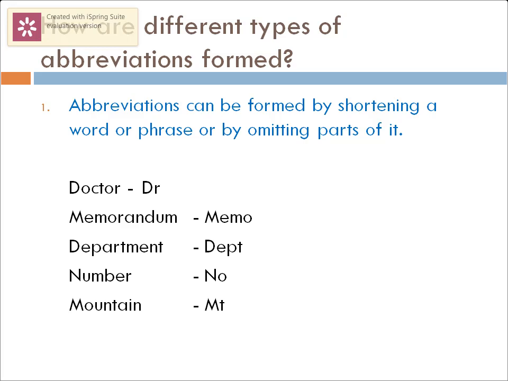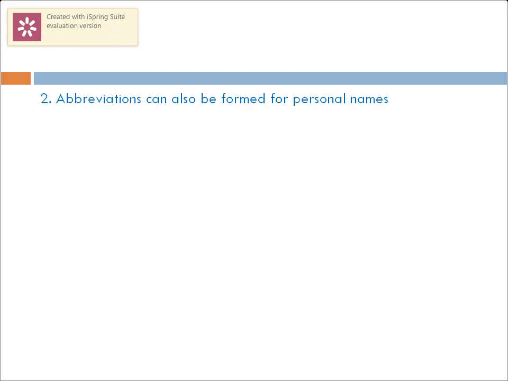Memorandum, the abbreviated form is memo. Here some syllables of the word are omitted. Similarly, department can be written as dept., number as no., and mountain as Mt.